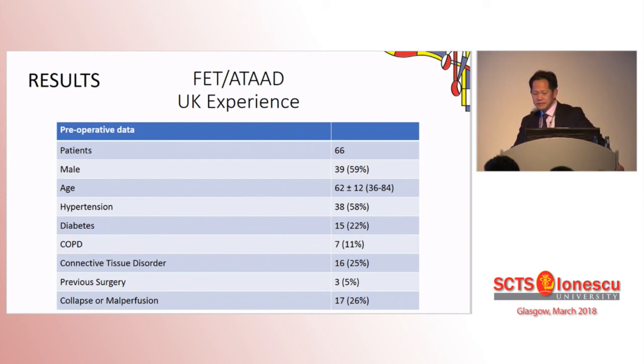Fairly young age, so at the age of 62, you would expect that these patients will go on and run into problems with their distal aorta within their lifespan. The comorbidity and other factors are not too different from other published data on acute dissection.